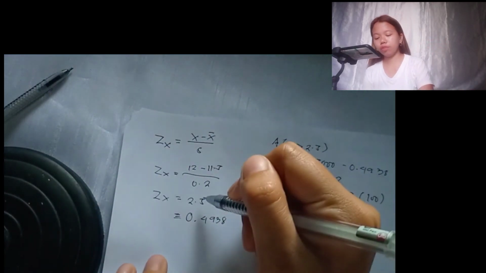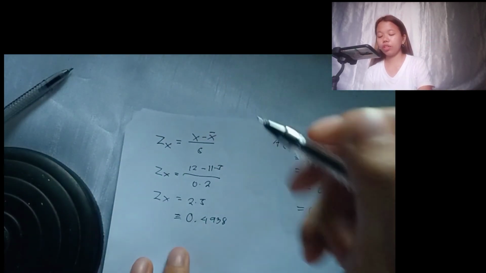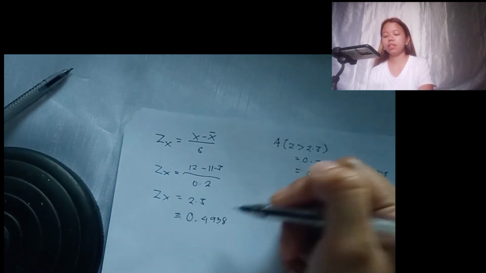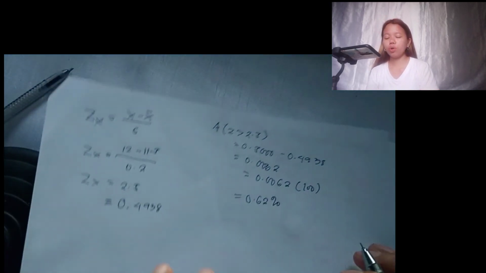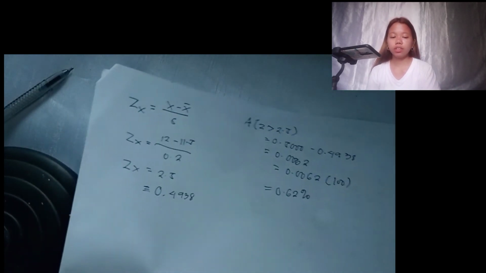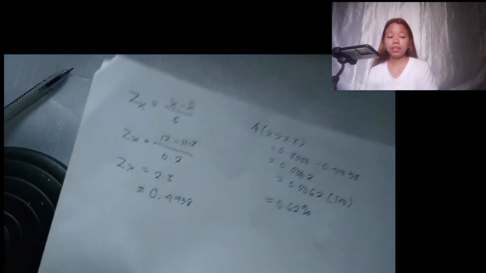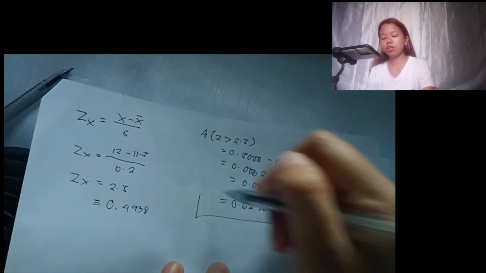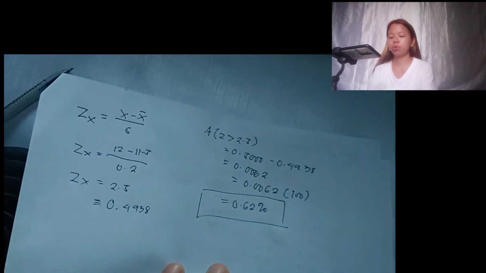The value for 2.5 in the z table is 0.4938. So the question is the probability that the machine will overflow the cup. So the probability that the machine overflows the cup is 0.62%.